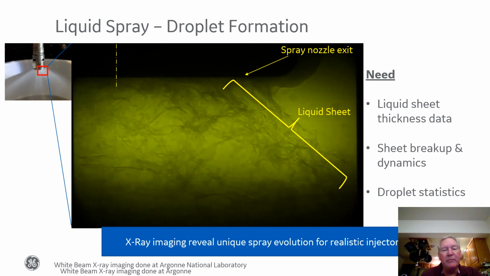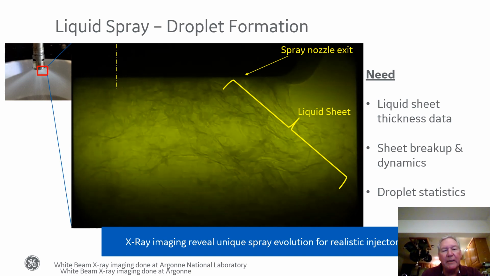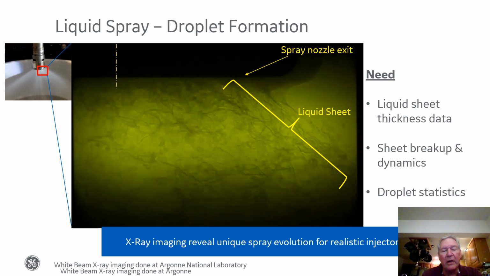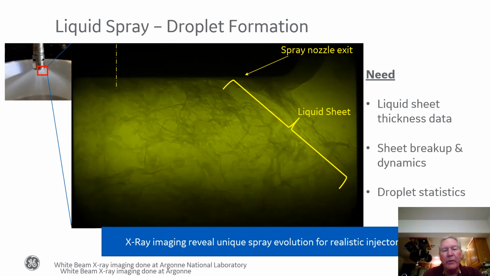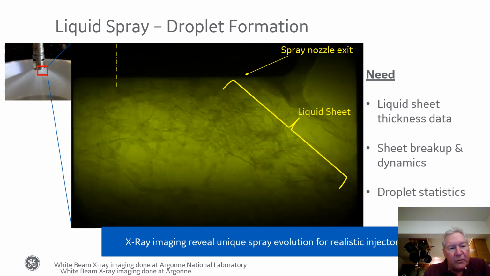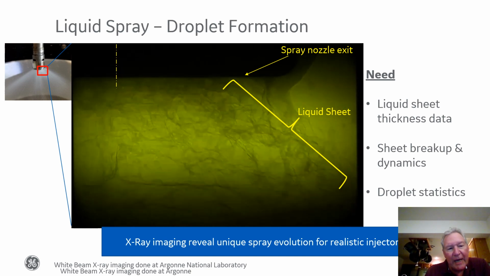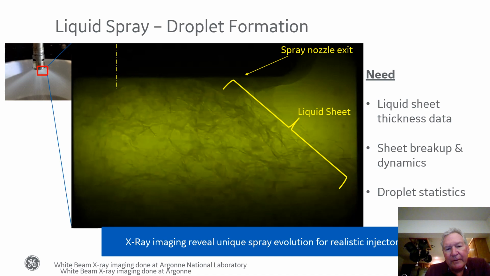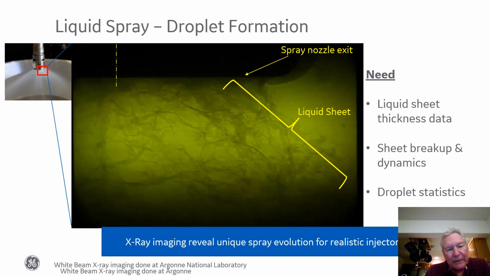This is an example of a measurement that we've done in collaboration with Argonne National Lab, where we're simply wanting to image the fuel spray characteristics at the exit of a liquid fuel atomizer.